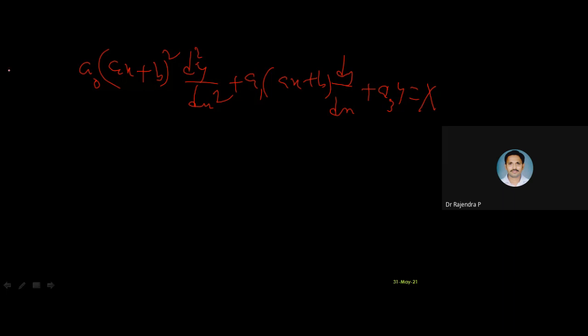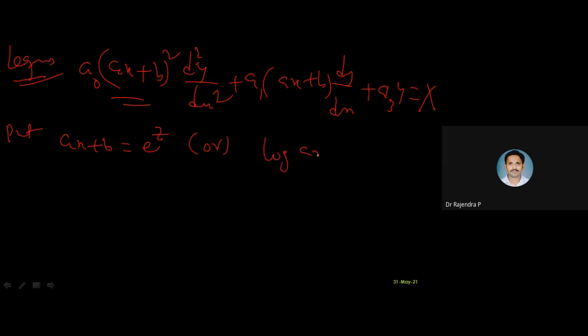Now it is not directly your LDE with constant coefficients, it's a Legendre form. When you have variables in the standard form of ax plus b, you have to call it a Legendre differential equation. To handle this, we have to start with suitable substitutions. In place of ax plus b, wherever it appears in this equation, I take e power z. When I apply log on both sides, logarithm of ax plus b is equal to z. This is what we have done.